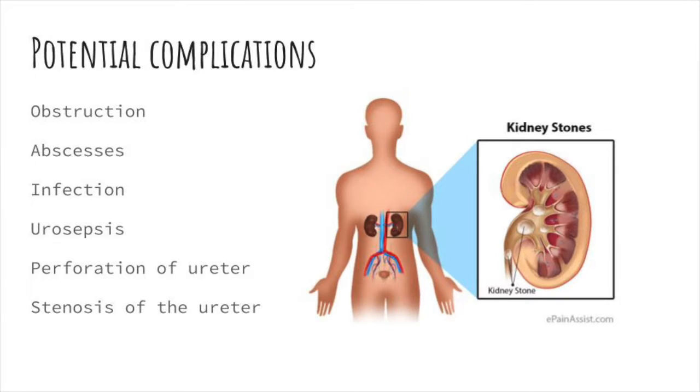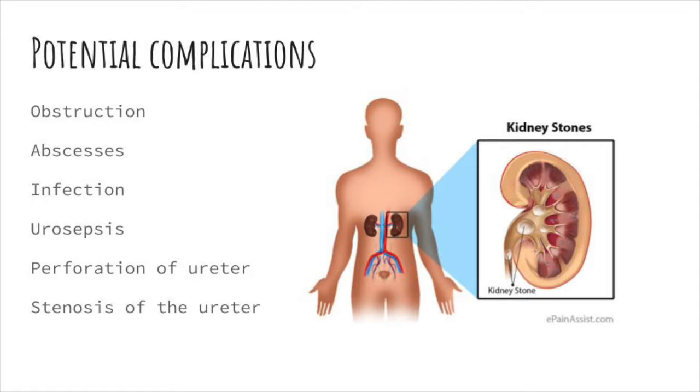Potential complications. Obstruction, increased pressure, and stasis of urine may cause stenosis or perforation of the ureter. Irritation of the epithelial lining with entrapment of bacteria can lead to infection of the kidneys. This is called pyelonephritis. The inflammation can go on to create local abscesses and scarring.